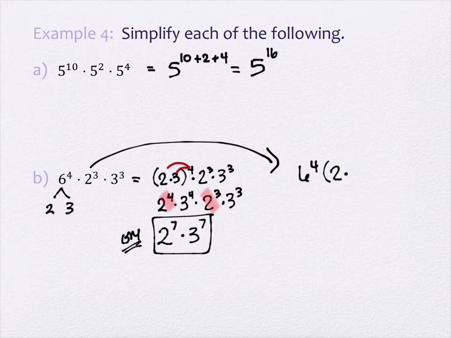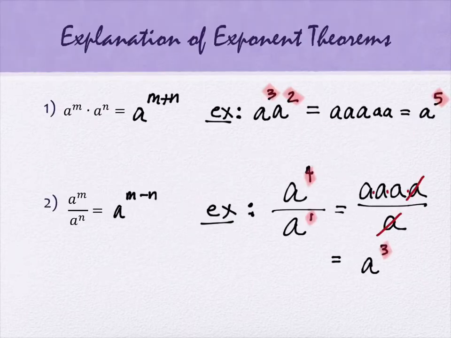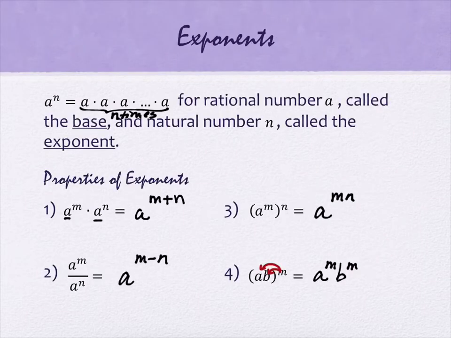And we could write it like this. So we're really using property number 4 in reverse. It's backwards. We're starting with what's on the right-hand side of property number 4, and we're merging it back into the left-hand side version. But equalities are able to do that. You can go either direction.